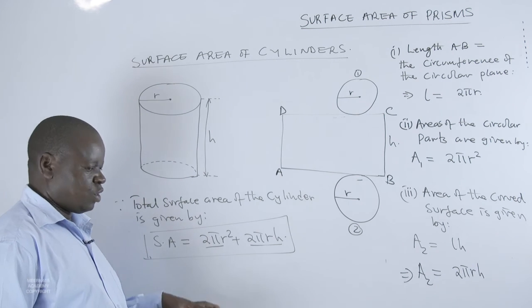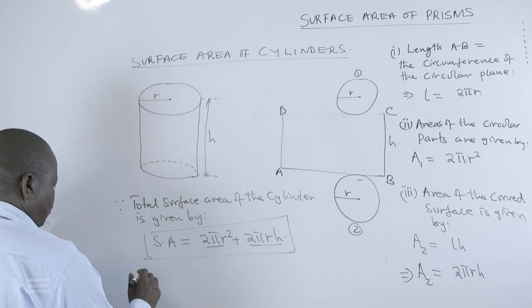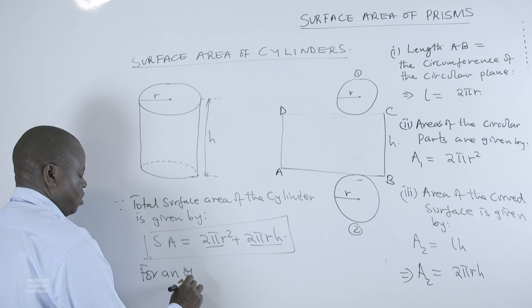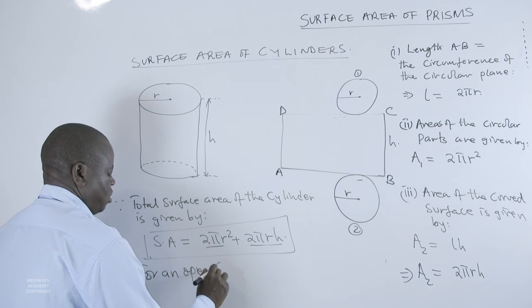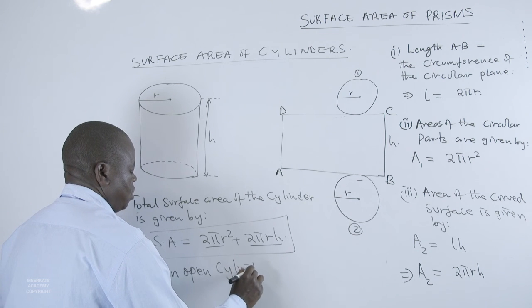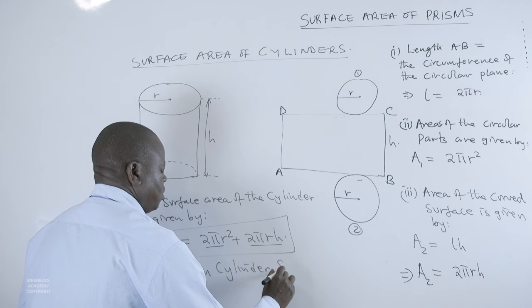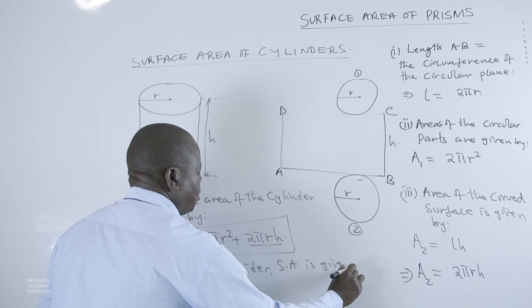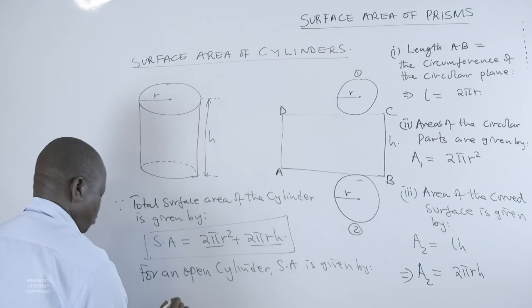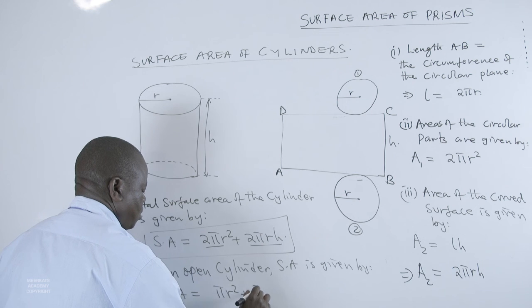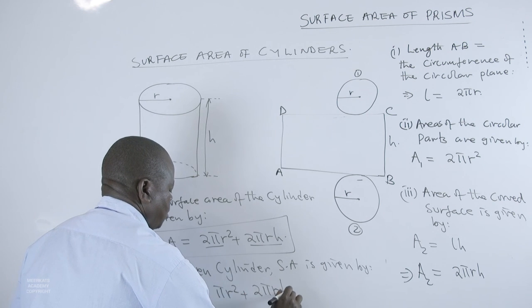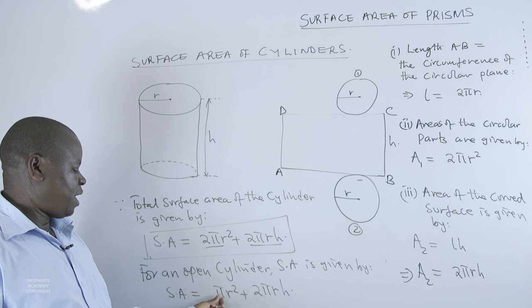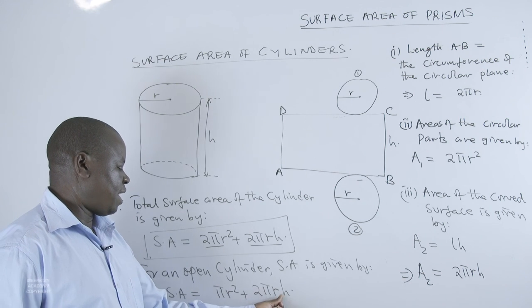Now, if the cylinder is open, surface area is given by pi r squared plus 2 pi r h.